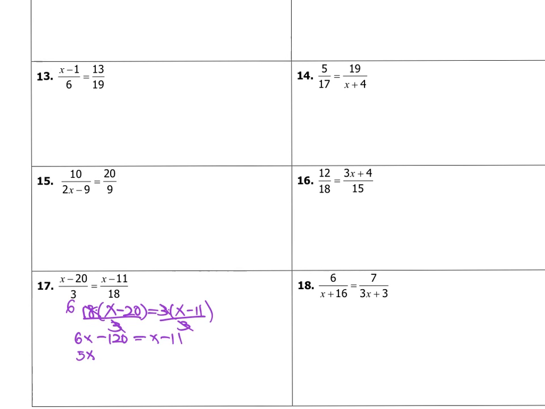So that would be 5x equals 131. So this will be a decimal, so x equals 26.2. That's the final answer. Okay, so everything else should be exactly the same method, just cross multiply, and finish the rest of it before you come back to the classroom.